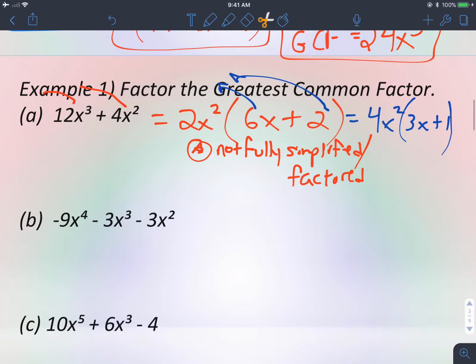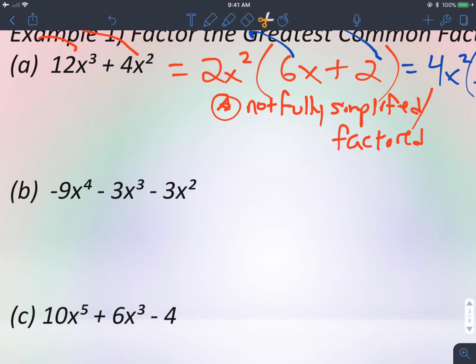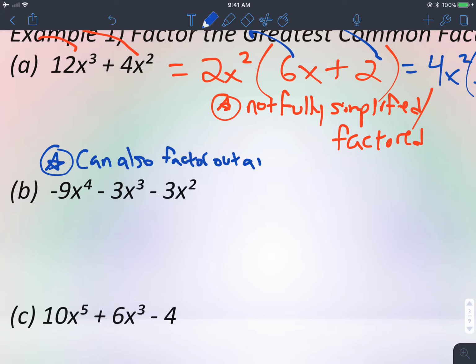Maybe try another one. I think that there's a 3 in common with all those numbers.